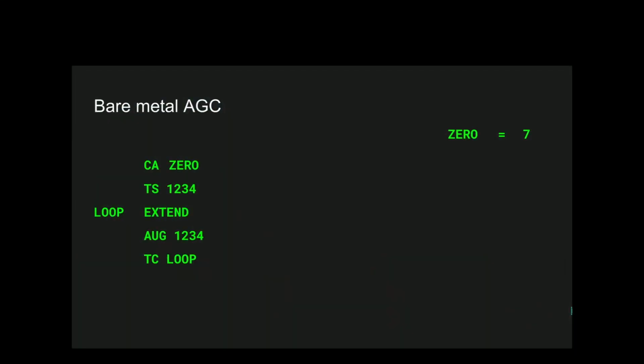The extend is there because they ran out of opcodes. So with an extra extend opcode, they can double the total amount. And augment in this case, it does two things. If you have a positive number, it counts up.